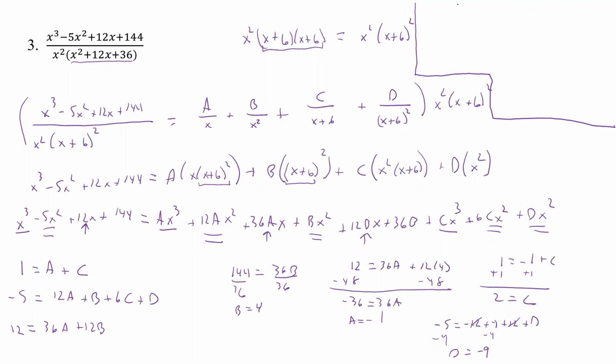So A was -1, so we have a -1 over x plus B, which we said was 4 over x squared, plus c, which we said was a 2 over, and that was x plus 6, and then plus d, so that's a -9 over x plus 6, the quantity squared. So that then is what this fraction decomposes into, 4 different fractions. Okay.